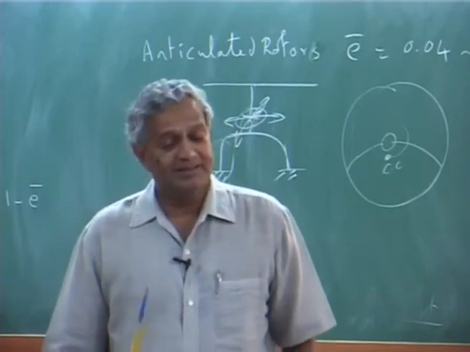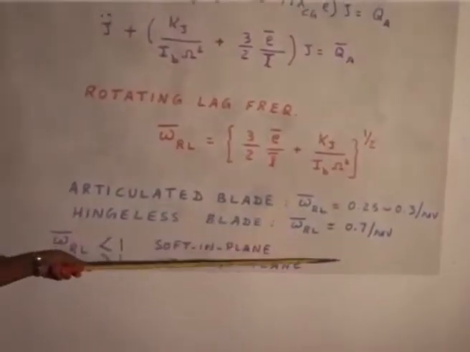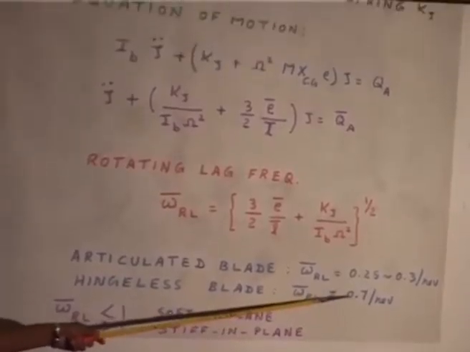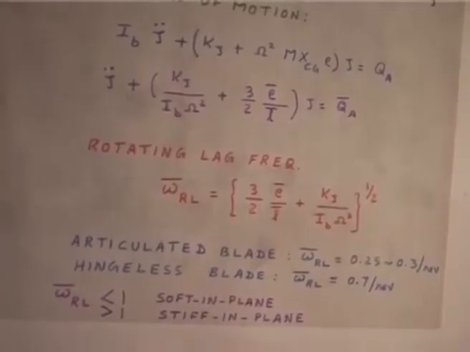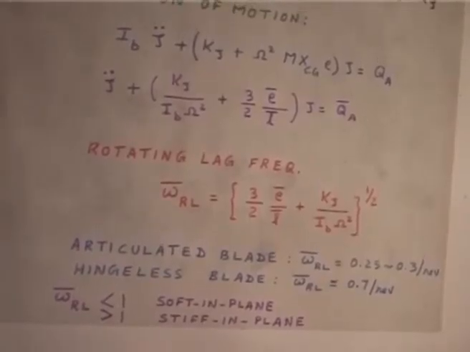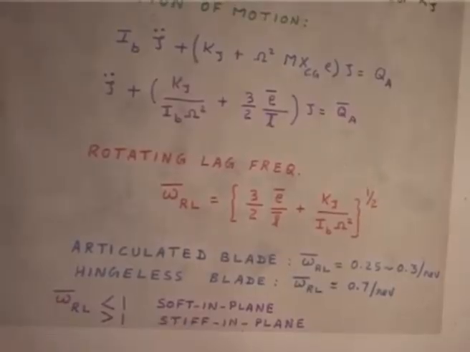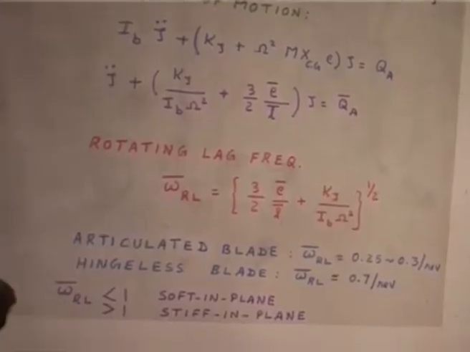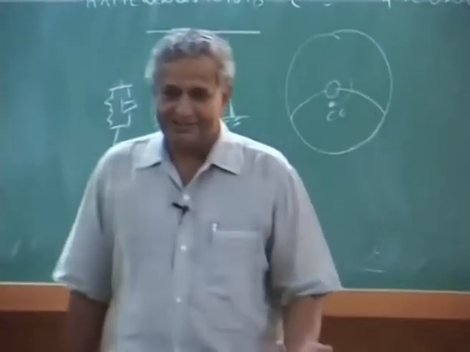Flap lag instability is usually in soft in plane blades. You see the frequency, these two are soft in plane because they are below 1, and for a hingeless blade you do not go beyond 0.7, do not go near 1. If you go near 1 you will get into flap lag instability. Please understand, when you take the lead lag frequency in the vicinity of flap frequency, you will have a resonance problem.